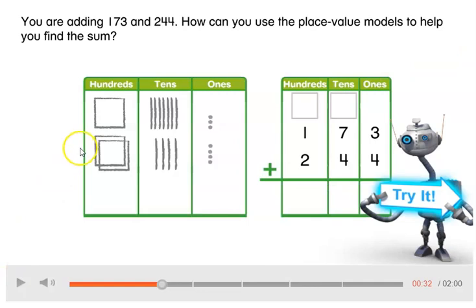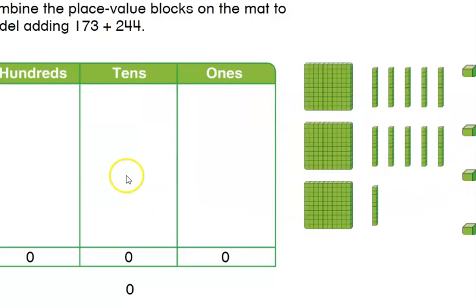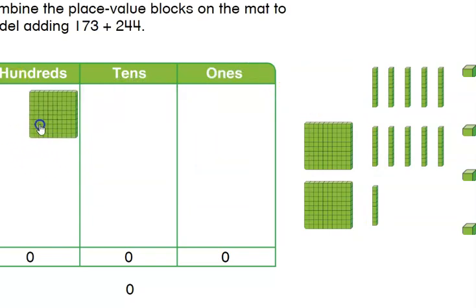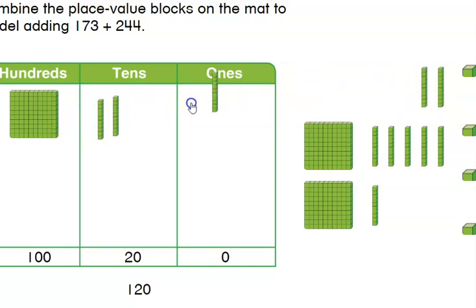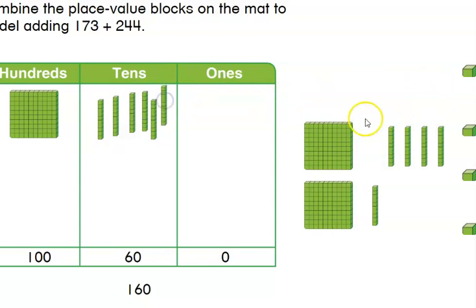All right, so here what we're going to do is use our place value in order to help us think about regrouping, okay? So we can click on try it. Basically what they did is they took their hundreds, and this takes forever, which is why we never did this in class, but they did 100, 7 tens for 70, and then 3 ones for 173.